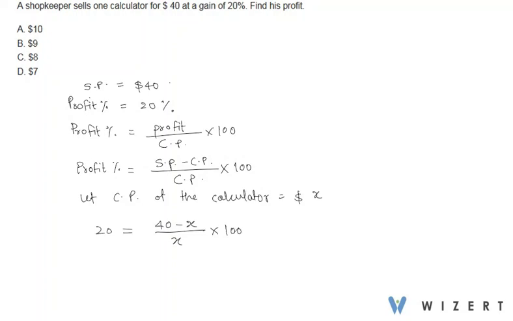So X will go over to the left side and multiply. So 20X equals 40 minus X, whole multiplied by 100. This 100 will go over here. Now let's take this 100 over to this side. So it will divide. So 20X divided by 100 equals 40 minus X.